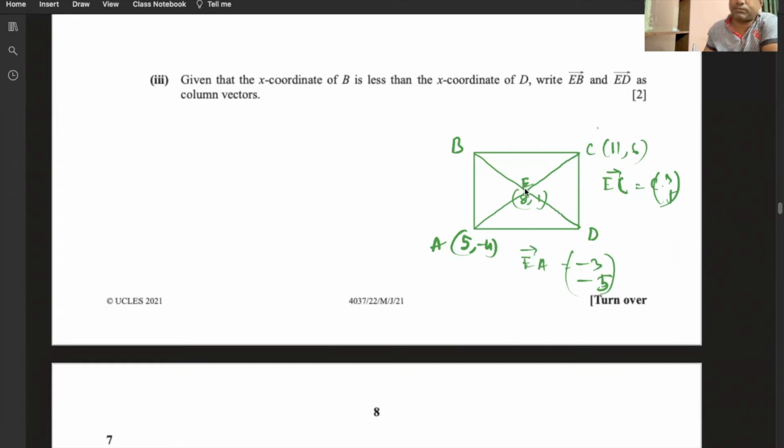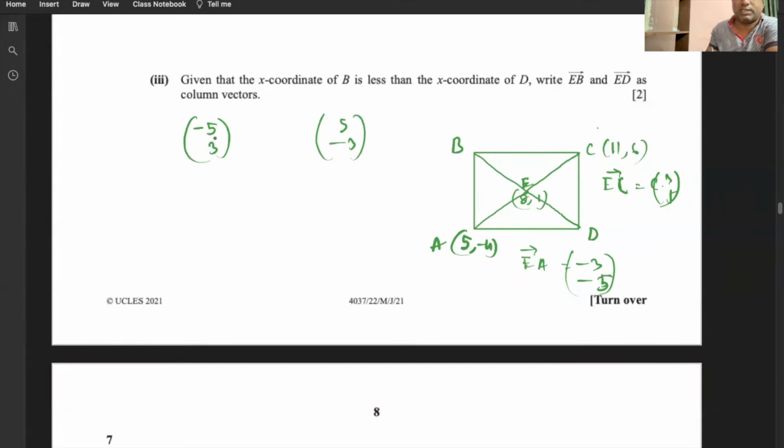To find out the column vector of EB and ED, we know that EB and ED are both perpendicular to EC. So to make it perpendicular to EC, we can write either minus 5 by 3 or 5 by minus 3.